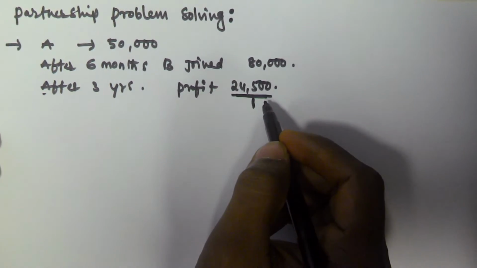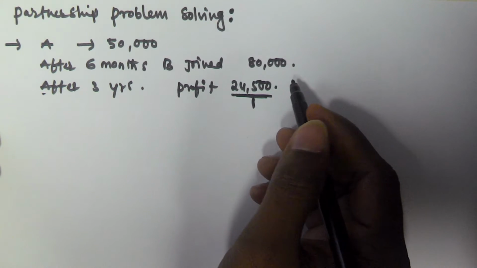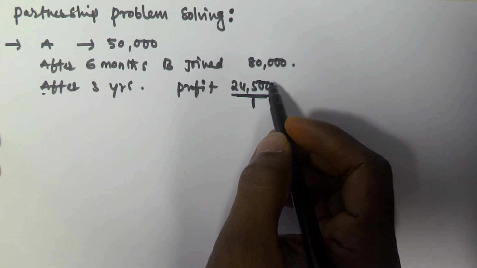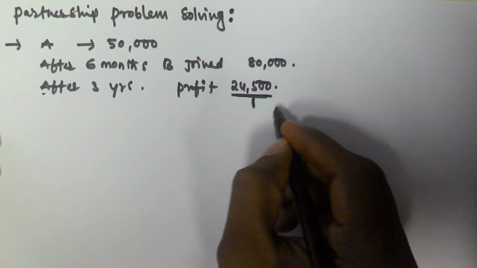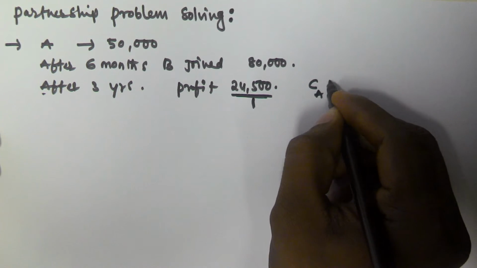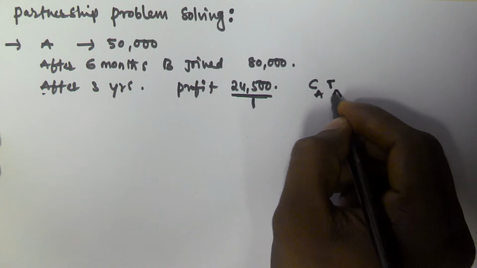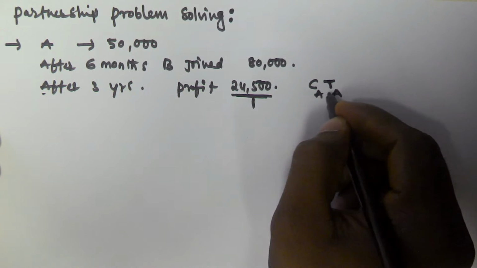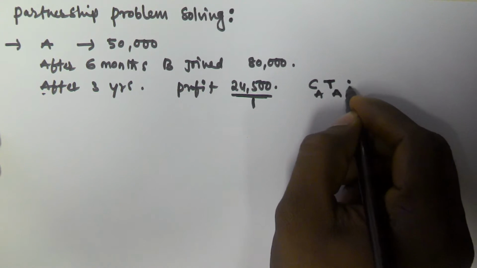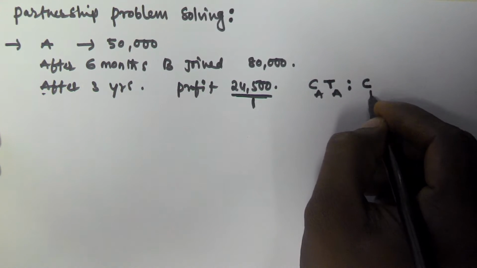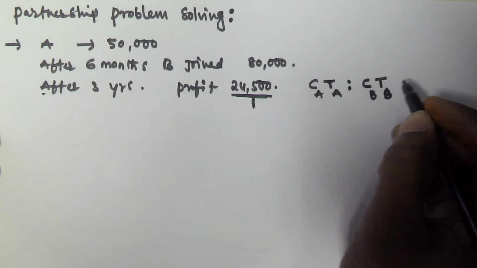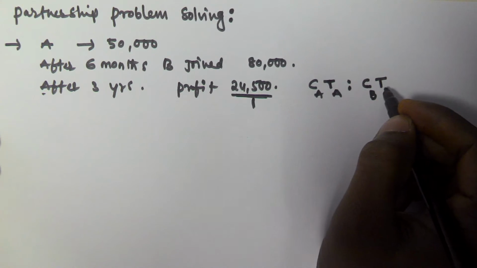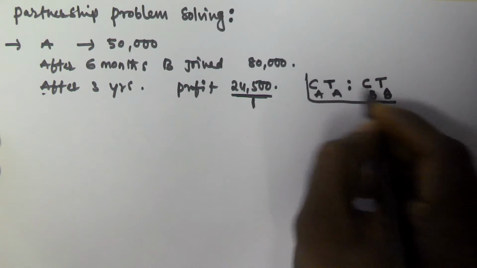As you know, in the previous video I told you, if both investors invest the amount for a different number of months, then their ratio in the profit or loss is given by the capital of the first person times the number of months that person invested, to the capital B invested times the number of months B invested. Here T represents the time in number of months. Okay, so this is the ratio.